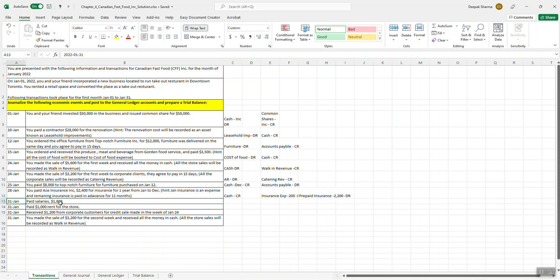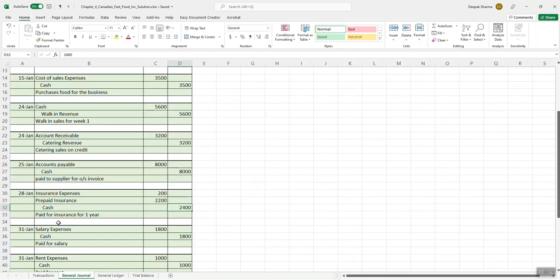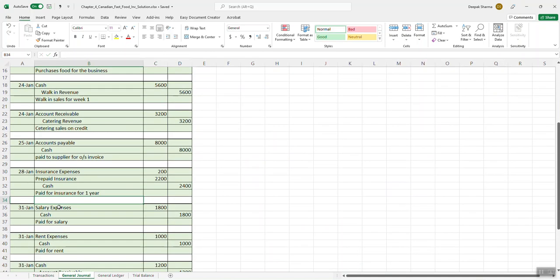Next one, January 31st, you paid a salary of 1800. Cash decrease is a credit, and it's a salary expense, and expense increase is a debit. So the entry will be debit salary expense, credit cash.